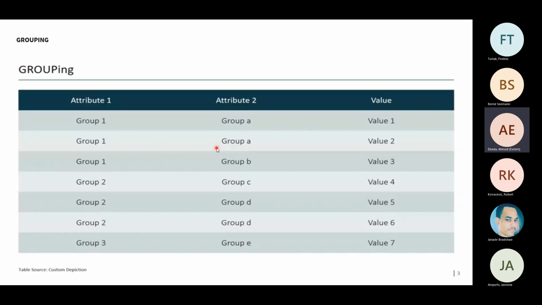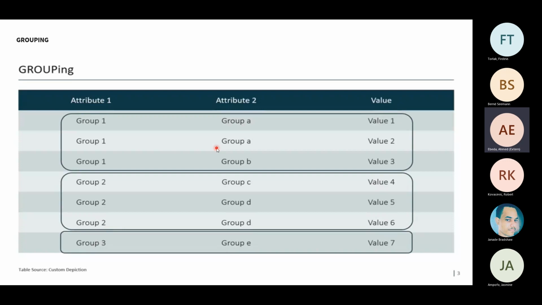Using aggregate functions without grouping applies the function on the entire table. For example, if we use the aggregate function AVG on the values in the value column, it will calculate the average of the 7 values. When we add a grouping clause, the DBMS will group the rows according to the grouping field.